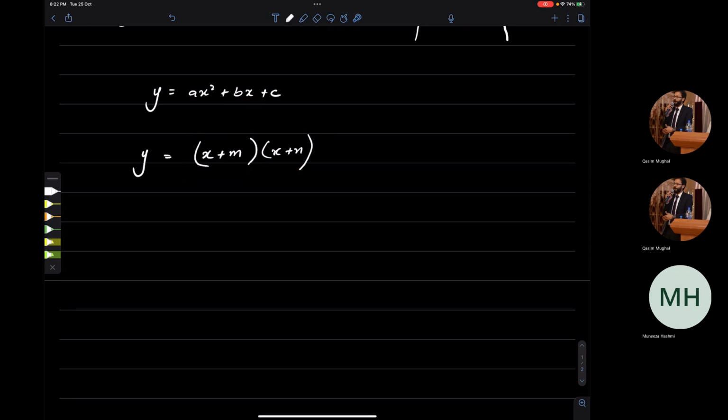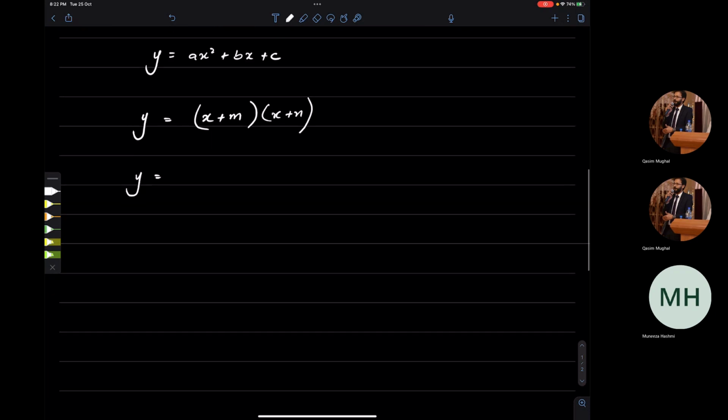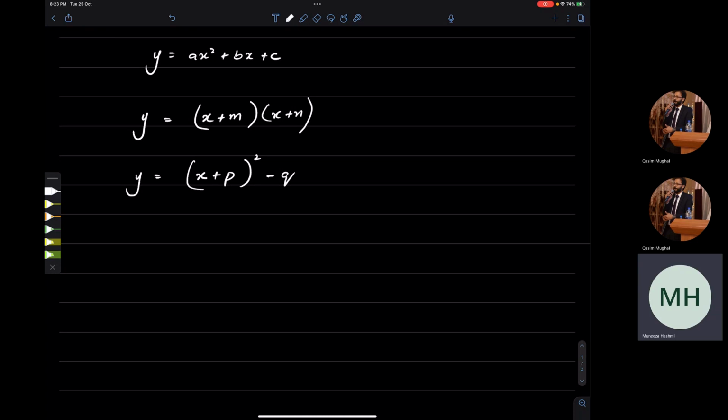We'll be discussing the perks of each different form of the quadratic equation. Another possible format is completing the square, which is (x plus p) whole squared minus q. These are the two main forms.